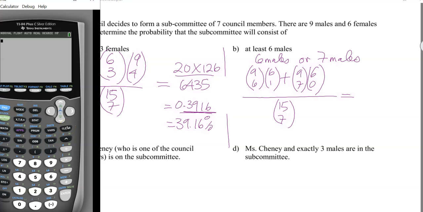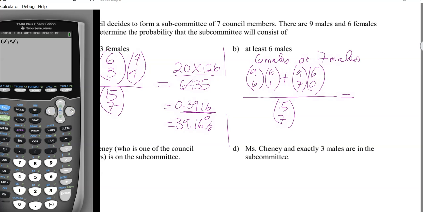So you can watch as I do this. We'll put a bracket down. We'll go 9 choose 6. Okay, up arrow to move up, times 6 choose 1, which is really just 6.